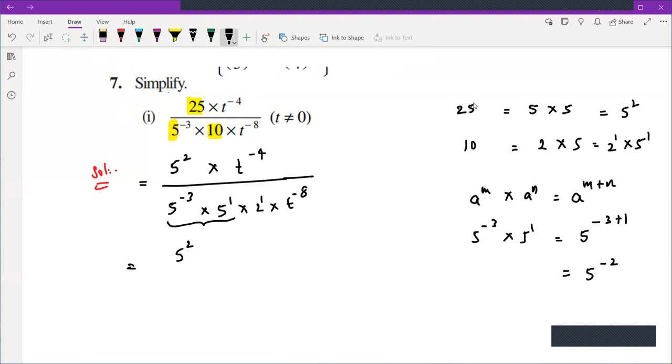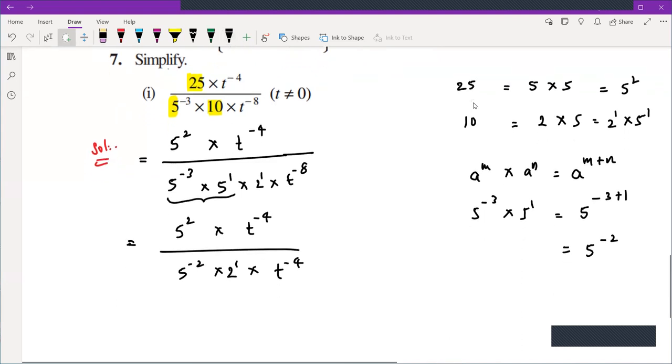So now we can write 5 square into t to the power of minus 4 by 5 to the power of minus 2 into 2 power 1. Now I'm focusing only on the numericals. Later on, we can focus on the variables also. Now, the numerator consists of different bases, as well as the denominator, right?